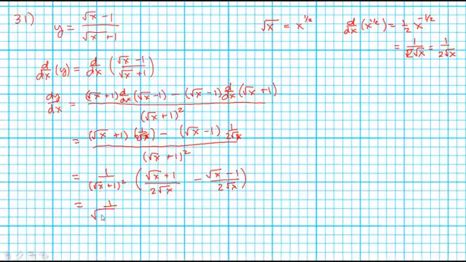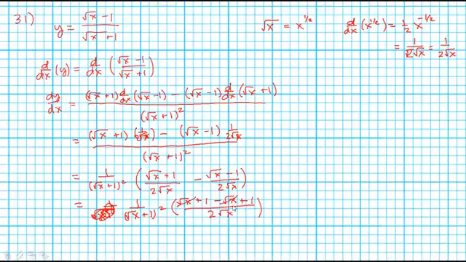1 over root x, 1 over root x plus 1 squared, and then I have root x plus 1 minus, and remember to distribute the negative sign both places, minus root x minus 1 over 2 root x.